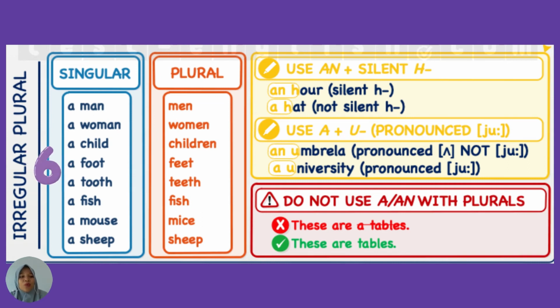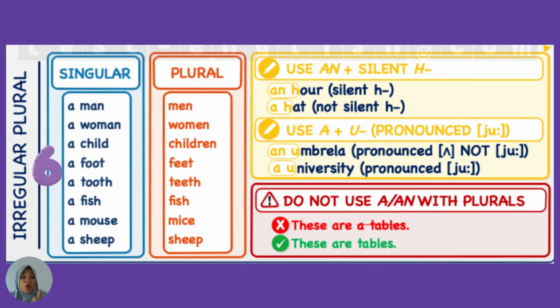Yeah, like woman, a woman, it can be changed become women. Yeah, and child, a child, it means one only, singular. When it changes into plural, it changes become children.